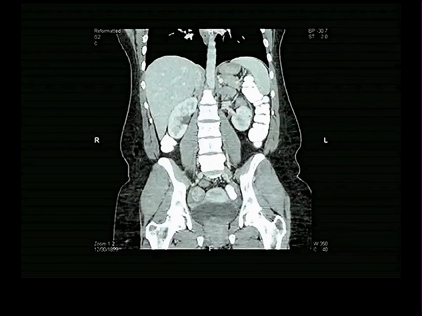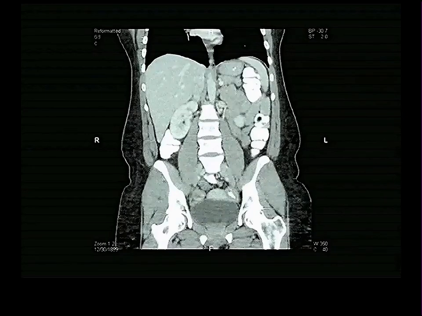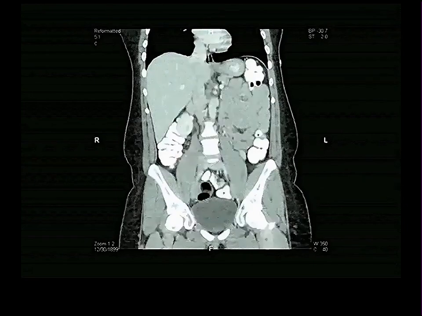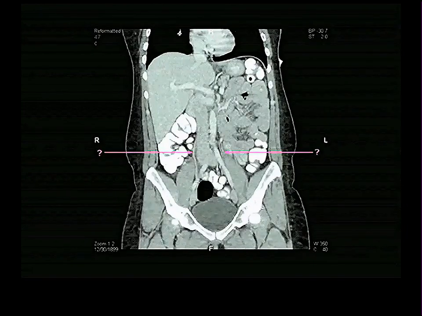I'll tell you why that's the clue we needed. The renal pelvis is not filled with contrast. That means that the contrast has not passed into the pelvis and ureter in this person yet. So if the contrast has not yet passed into the ureter, then this thing is not the ureter, because that has contrast in it.